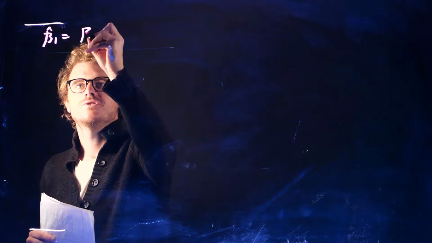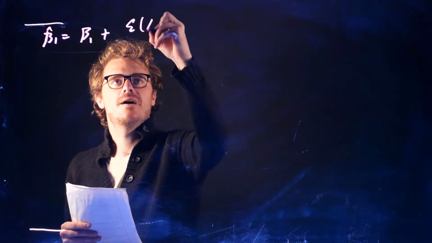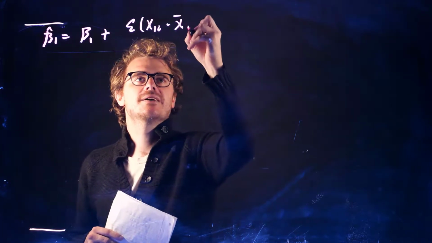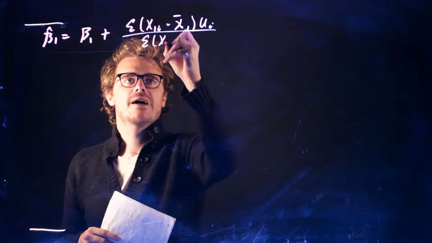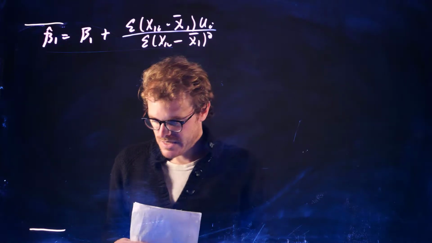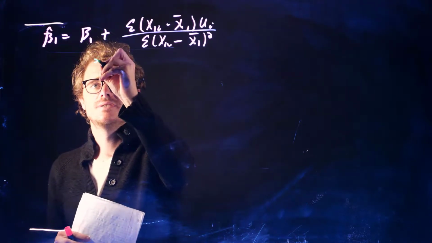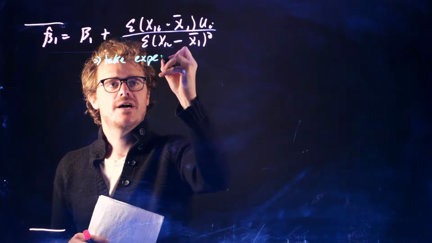So let's rewrite that expression. Beta hat 1 equals the true value of beta 1 plus this amount, the sum of (x1i minus x1 bar) times ui over the sum of (x1i minus x1 bar) squared. And now we're going to take the expectations of both sides.